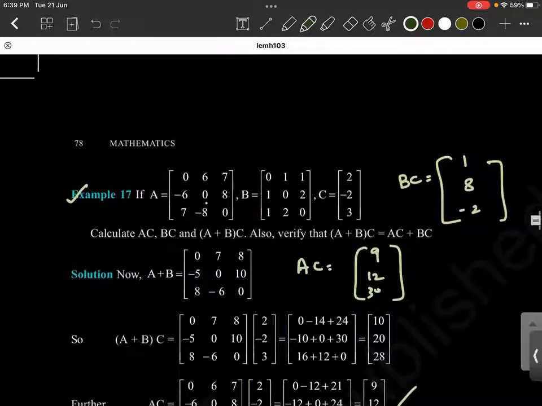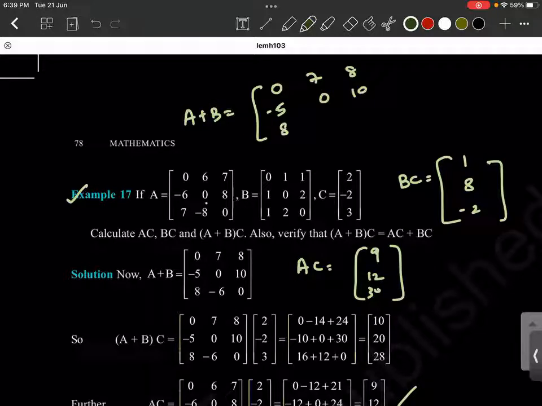So what is A plus B? 0, 7, 8; minus 5, 0, 10; 8, minus 6, 0. So this multiplied with 2, minus 2, and 3. How much is it going to be?